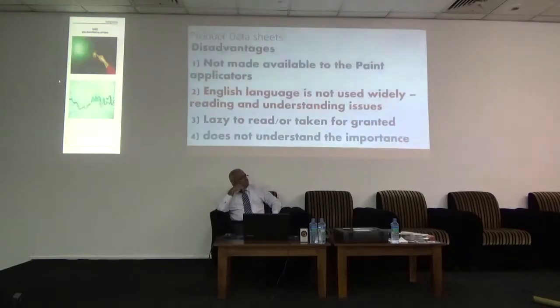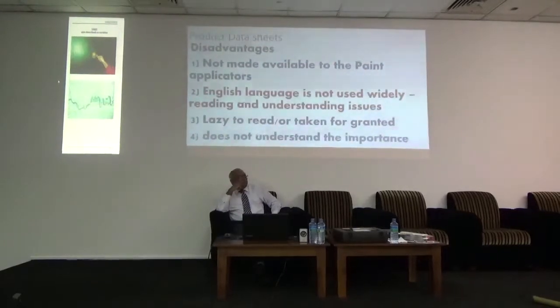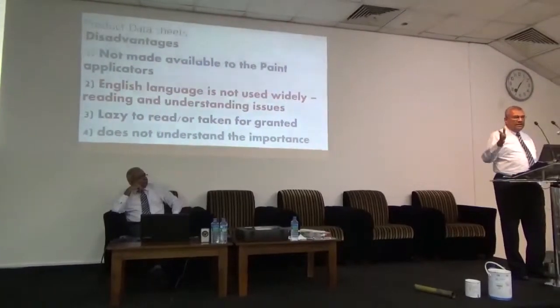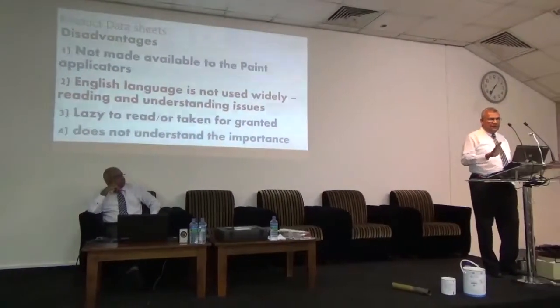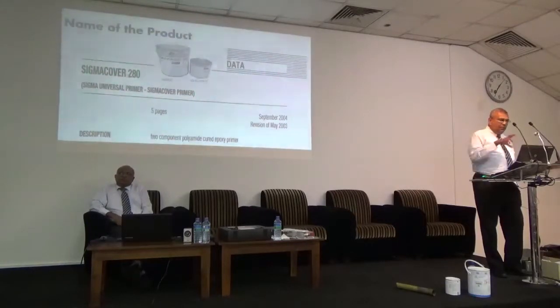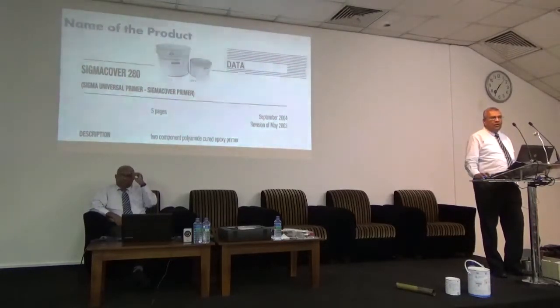But the issue is, with all these disadvantages, we can't play the fool with the systems, the bridge. The bridge has to be done properly. Your applicator's ignorance or laziness is not acceptable. So that's why, when people come to our office, we put this paper and teach them the data sheet. I just quickly go through Sigma 280. It's a 5-page product.